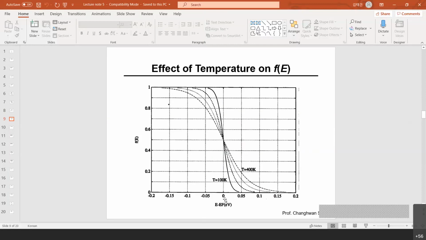And again, notice that once the energy is equal to E sub F, here at x of 0, the Fermi function value is 0.5, 50%. So the physical meaning of the Fermi function is that the probability of finding an electron at the Fermi energy level is 50%. Okay.